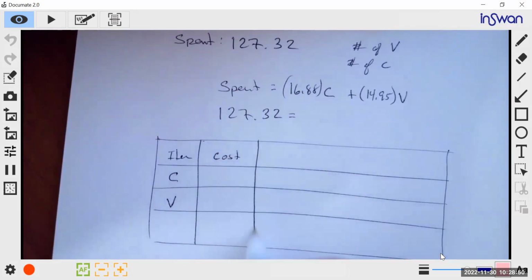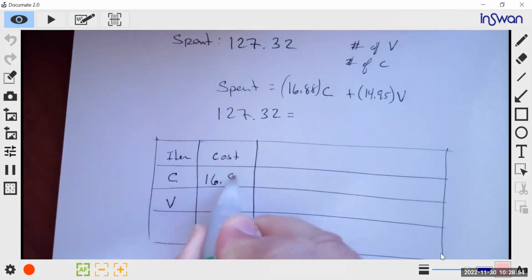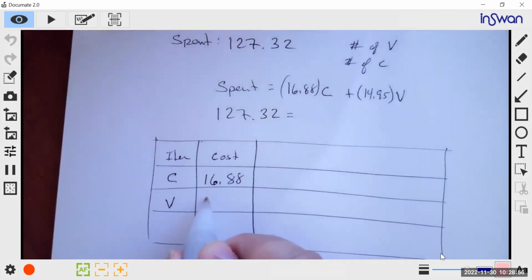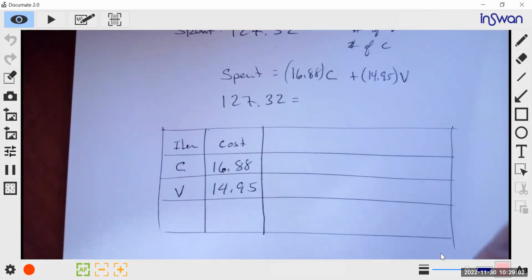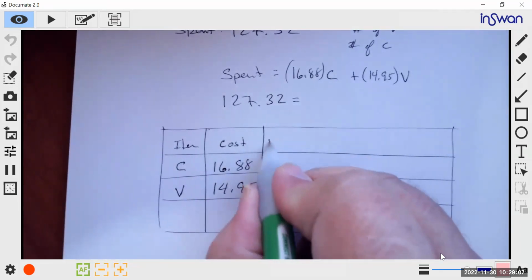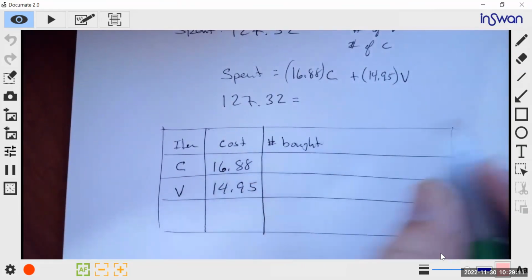Cost. The cost of a CD was $16.88. Cost of a video was $14.95. Number bought.